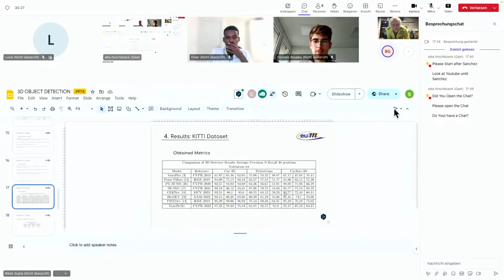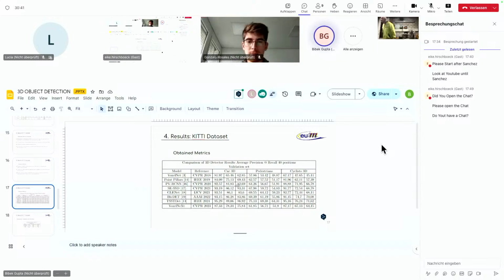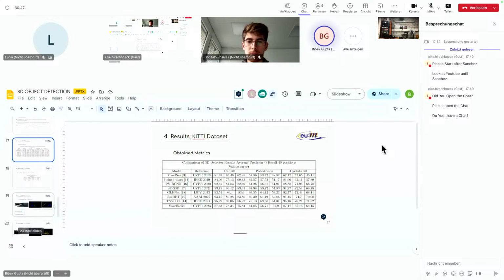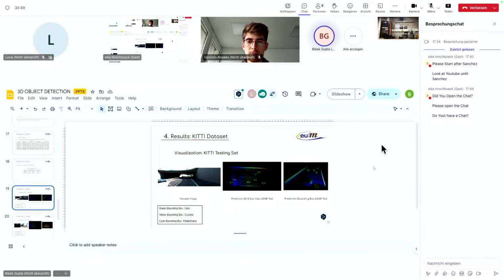We compared those results with different models from the past 5 years, and found that the results of our training were more or less satisfactory and in the average range. Mostly we focused on only 3 classes, cars, pedestrians, and cyclists. So directly we can move on to the visualization.